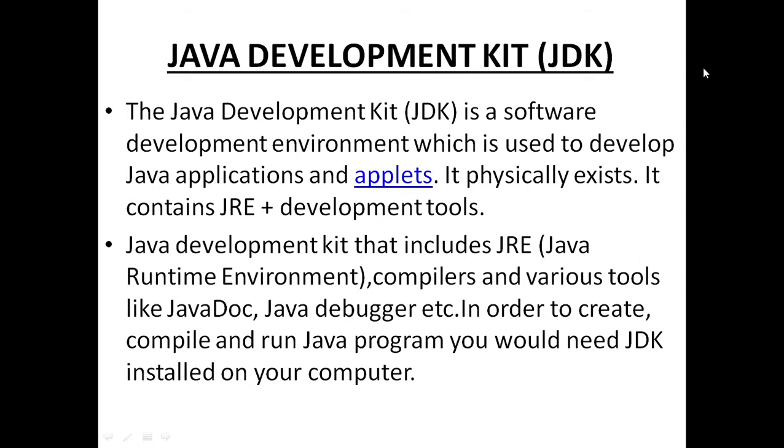Next, Java Development Kit. The Java Development Kit is a software development environment which is used to develop applications and applets. Applets means small applications. It contains JRE plus development tools.